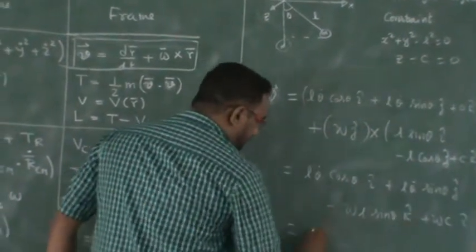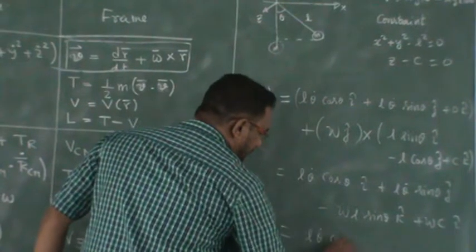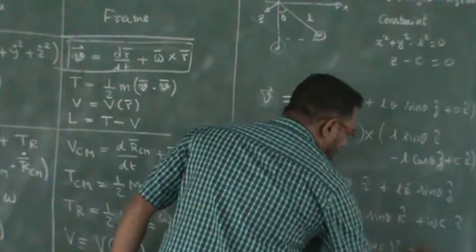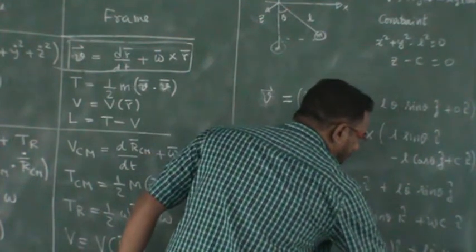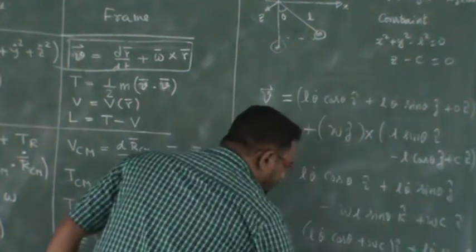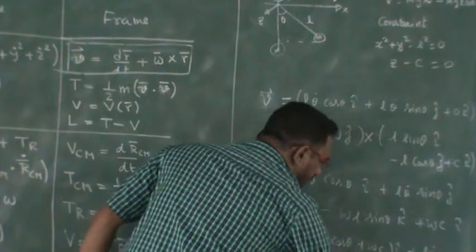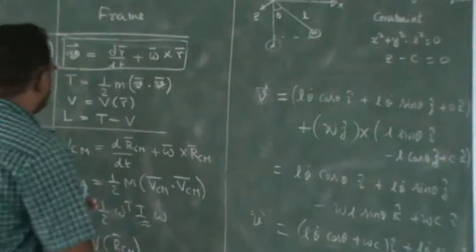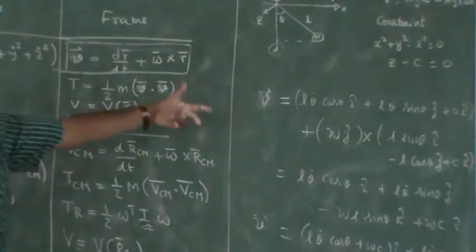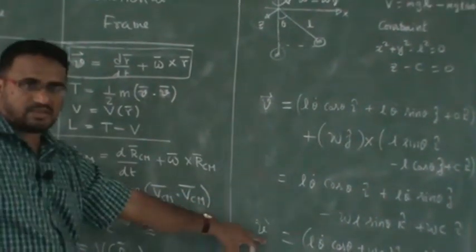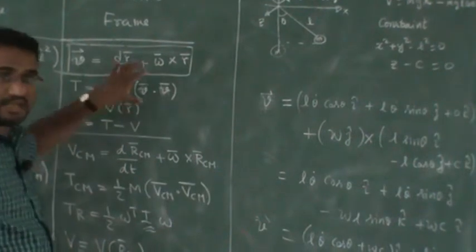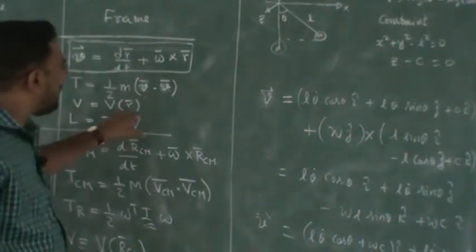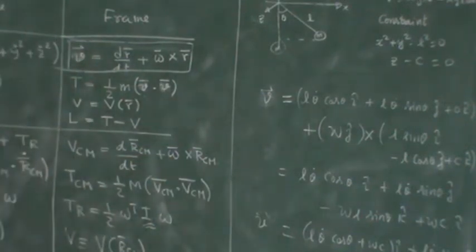That constant is added here: L theta dot cos theta plus omega c i, plus L theta dot sin theta j cap, minus omega L sin theta k cap. This is the velocity. If I take the dot product with the same velocity, I can compute the kinetic energy.